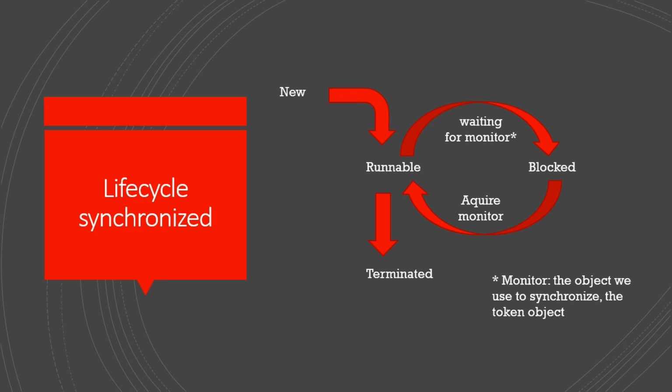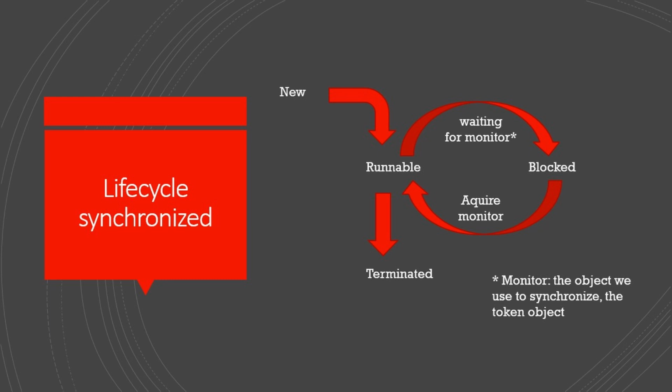So there's a difference between a thread in a timed waiting state and a thread in a blocked state. The timed waiting says we're waiting for a certain time interval to pass. A thread in a blocked state says I'm waiting for a monitoring object. I'm waiting for a token to enter a synchronized code block. Okay? So that's really important to note.